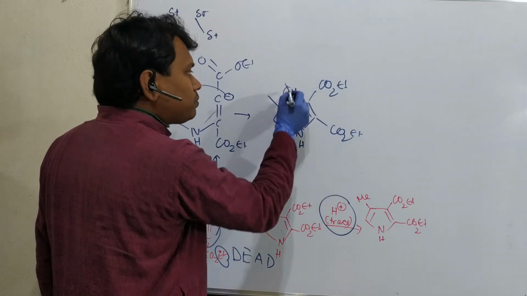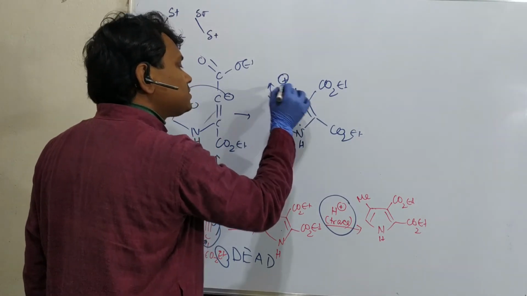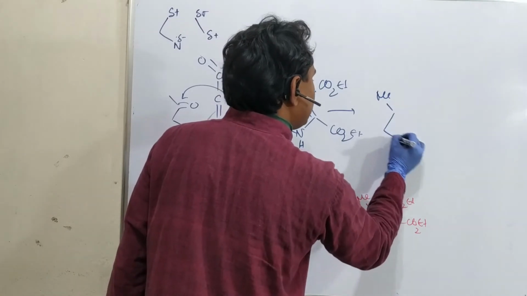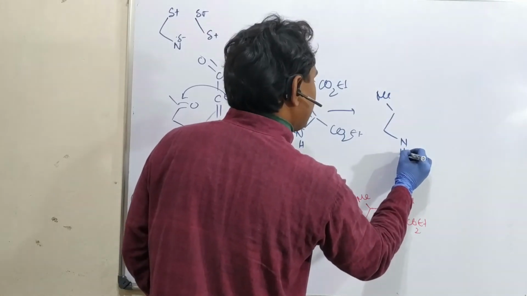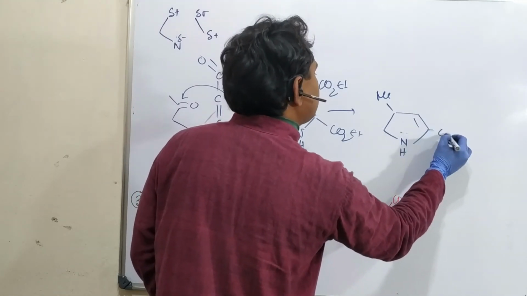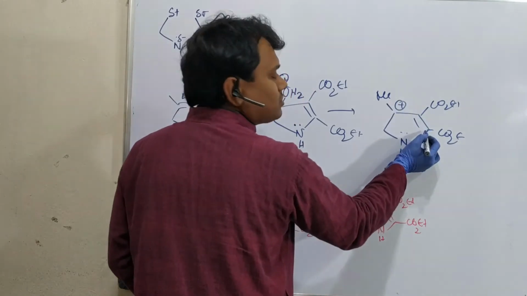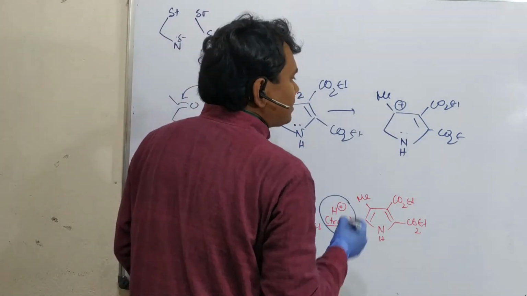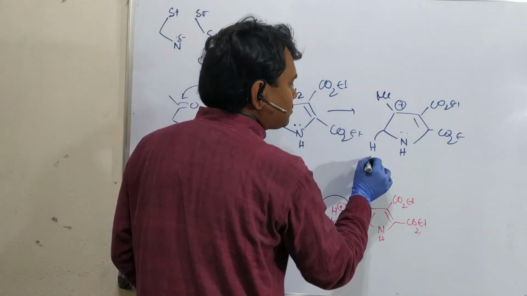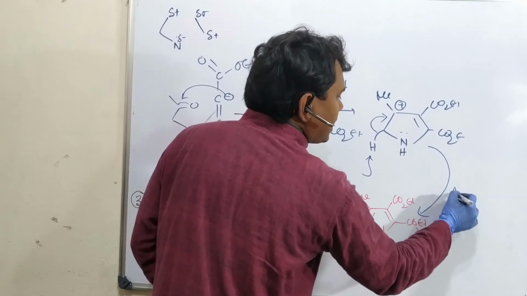So a slight amount of acid protonates this, so it leaves, resulting in a carbocation. This is methyl, this is N with its lone pair. When this plus charge is generated, it is stabilized by this, but simultaneously there is a proton, so a solvent molecule can abstract this proton, and the driving force is aromaticity.